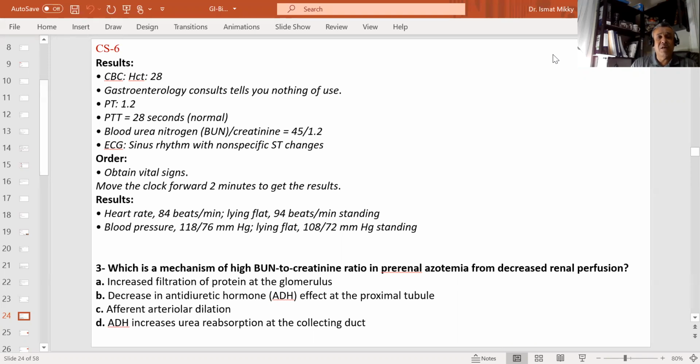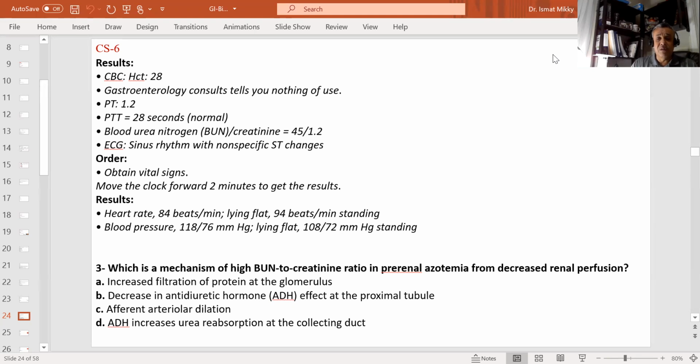The ADH hormone, I think we had a similar question to this, which is about the ADH hormone, that the ADH hormone increases urea reabsorption at the collecting duct. So that would increase the water reabsorption from the collecting duct and into the renal interstitium.